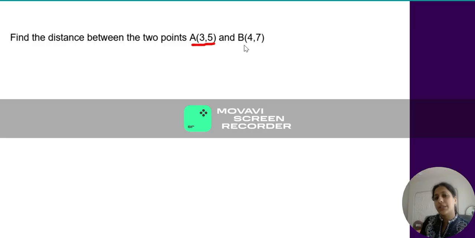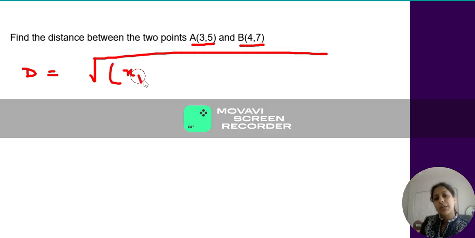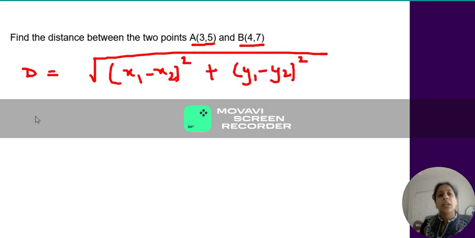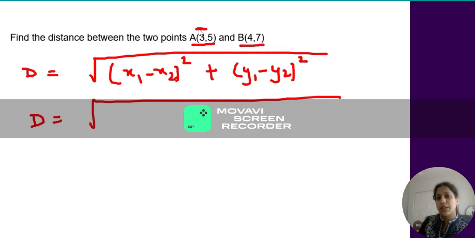I've been given two points here. We know the distance is the difference between the x coordinates squared, plus the difference between the y coordinates squared. Here the x coordinates are 3 and 4, so you can write (3 minus 4) whole square plus the y coordinates, 5 and 7, so (5 minus 7) whole square.